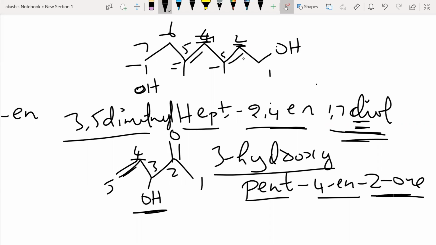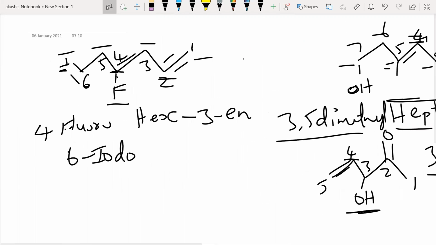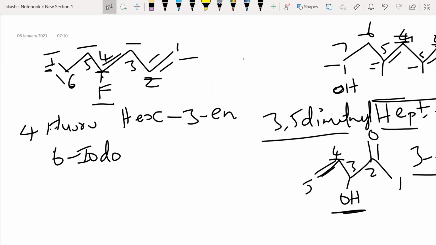When I compare iodine or fluorine with double bond, triple bond, the double bond, triple bond has more priority. You look at the priority order carefully. The only groups which have lesser priority than double bond, triple bond are the halogens and the alkoxy group, the OR group, the ether group. Other than that, all the functional groups have higher priority than double bond, triple bond. Only two have lesser priority.